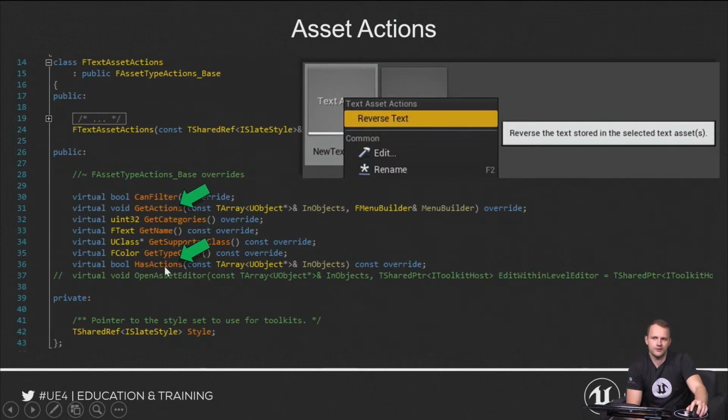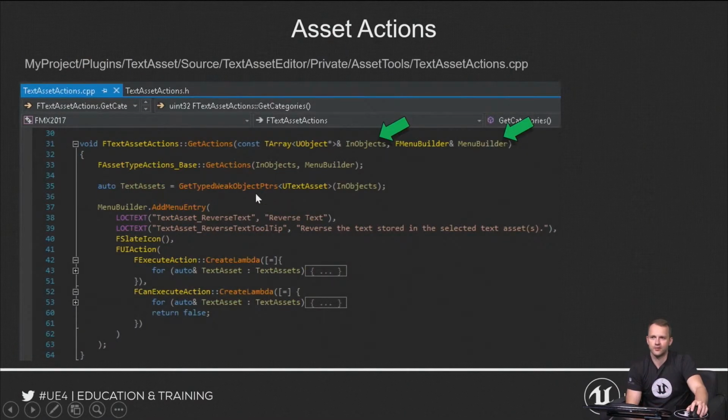And as the name suggests, HasActions simply returns whether or not the passed in objects should display any type of context menu action that our asset action class provides. And then if this function returns true, the editor will actually call GetActions, which will then allow our class to extend the context menu.